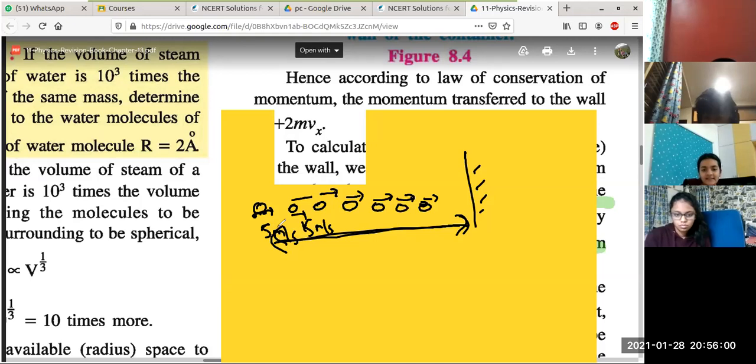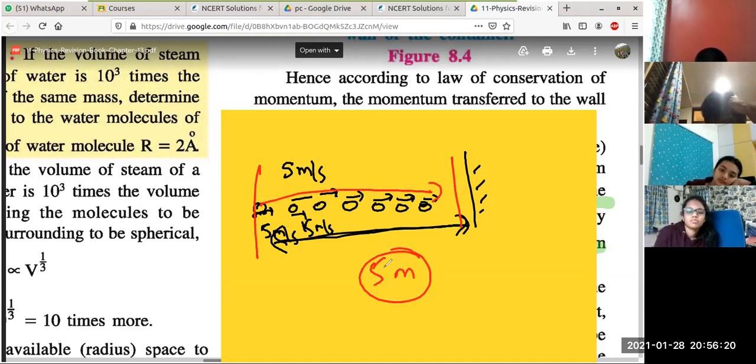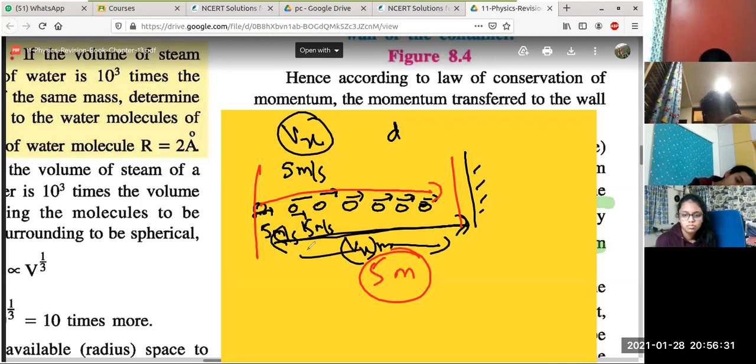Do you understand? So that's 1 second. What length of this line? Till where? What range will the ants come and hit this wall? It is 5 meters, right, in 1 second. That means if the velocity is vx, then a distance of vx meters hits the wall in 1 second.